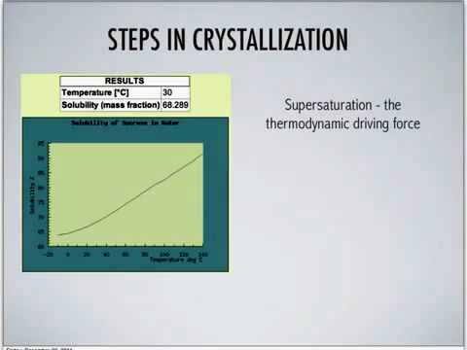For crystallization to occur, we actually need a thermodynamic driving force. In the case of crystallization from a solution, for example the sugar solution that we are discussing here, the thermodynamic driving force is supersaturation. Supersaturation is generated when the concentration of a solute exceeds its equilibrium solubility.